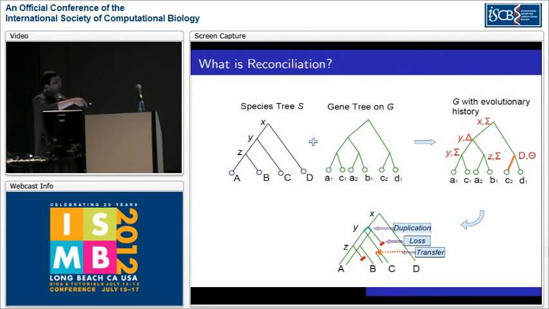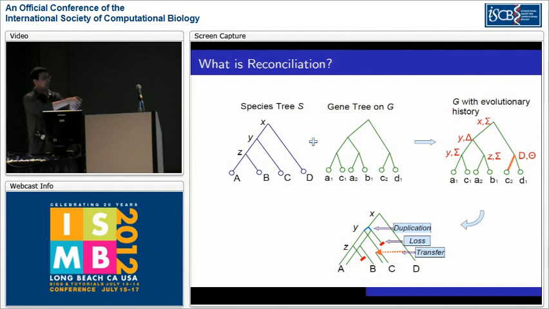And so to infer this, basically it is sufficient to infer the embedding of this gene tree into the species tree. So basically what you want to do is for each internal node of the gene tree, you want to figure out exactly where it maps in the species tree. So this node, for instance, I know maps to X, this one maps to Y. And you want to figure out the actual event that is represented by that node.